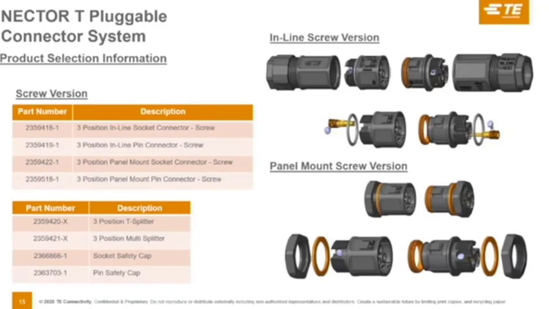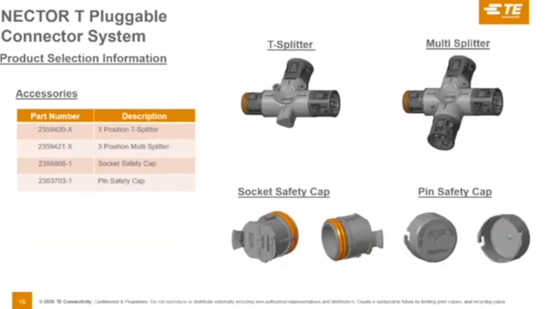As we mentioned before, you can see in the screw version of the interconnect, the contacts are actually pre-assembled, as opposed to the crimp version where the contacts are purchased separately. So there are even fewer items to be purchased to make a complete free hanging version as well as panel mount versions in both the socket and pin version of the interconnect solution.